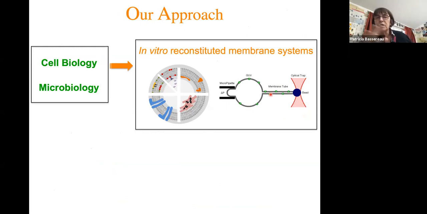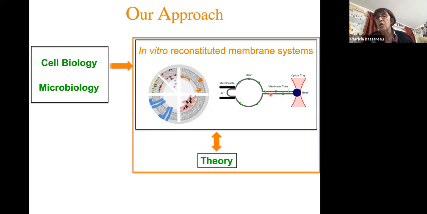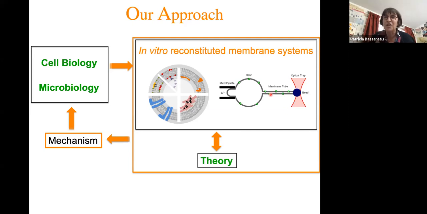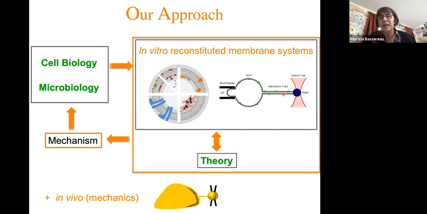We reconstitute the question, and you will see how important it is to rebuild these functions. We also collaborate with many theoreticians, so we try to come up with a theoretical model that we can test quantitatively. When we have a mechanism, eventually we come back to cell biology. This is the general approach that we have. In some cases, we work in living systems, and we work on cell mechanics.